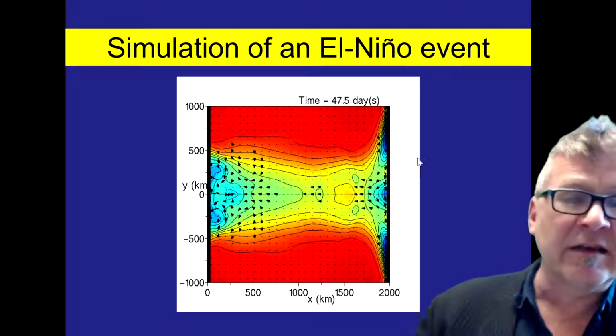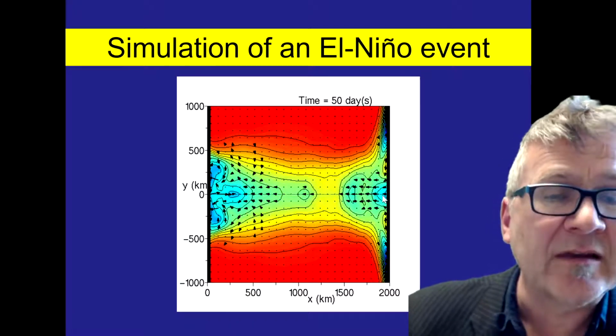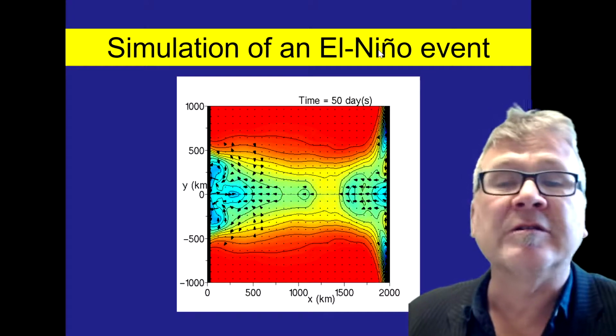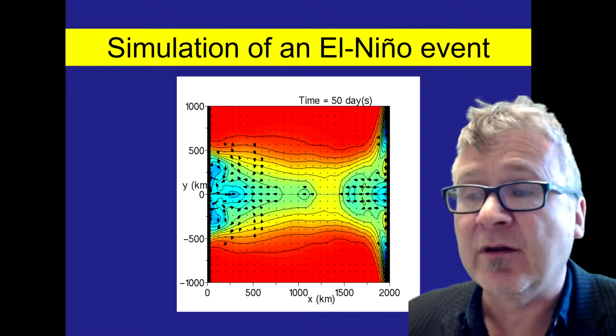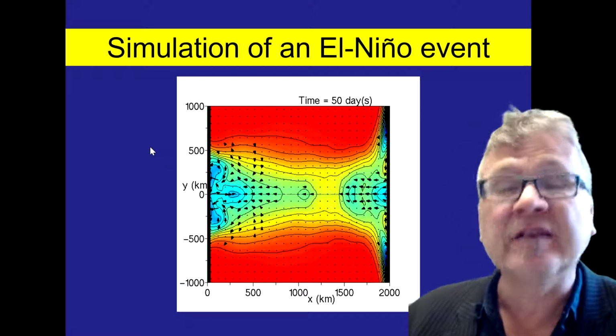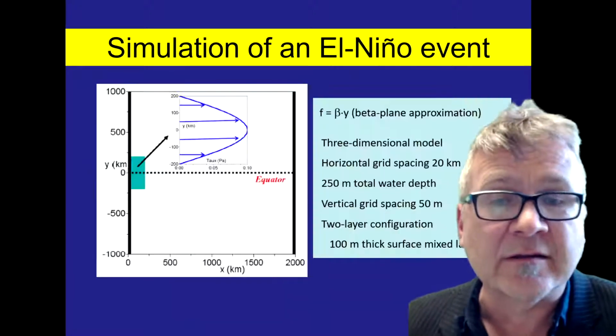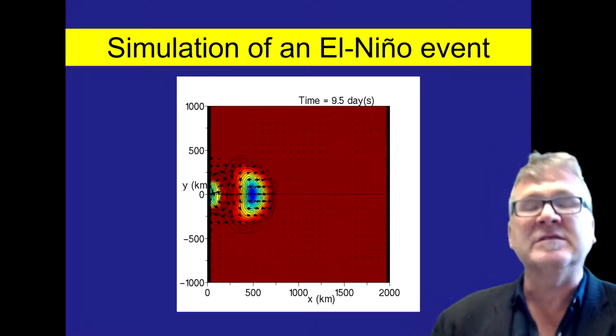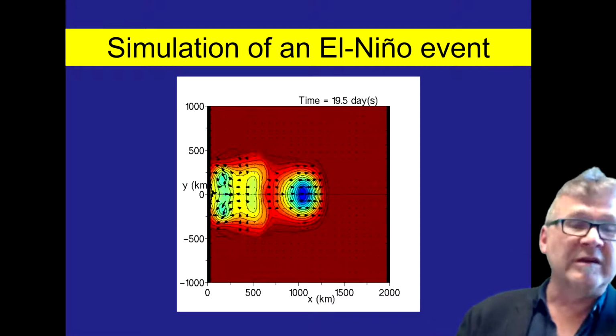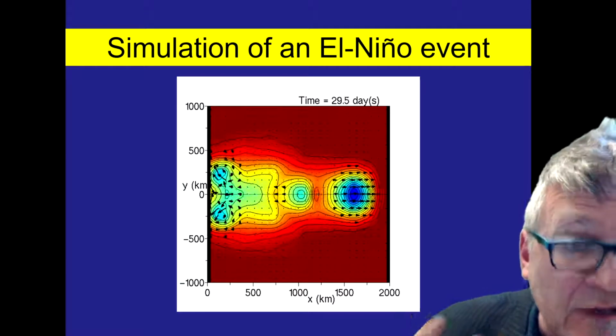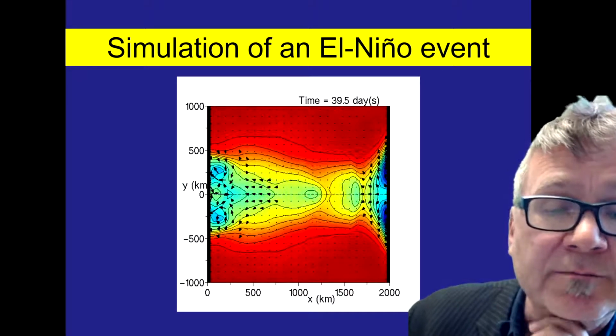And then there are similar waves which propagate away from the equator, which are called coastal Kelvin waves. Right? 50 days of simulation. I go back and do it again. Let's see. This is an El Nino, or the ingredient of an El Nino.